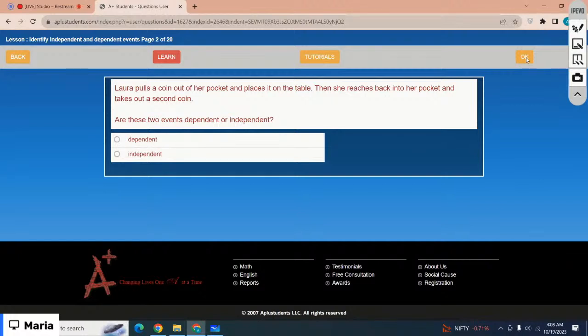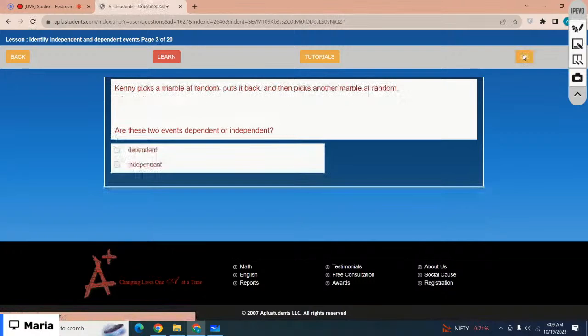That means that is the dependent event, because the outcome of the first event is 3 and the outcome of the second event is 2. So they are dependent events, because the first event affects the outcome of the second event. Very good.